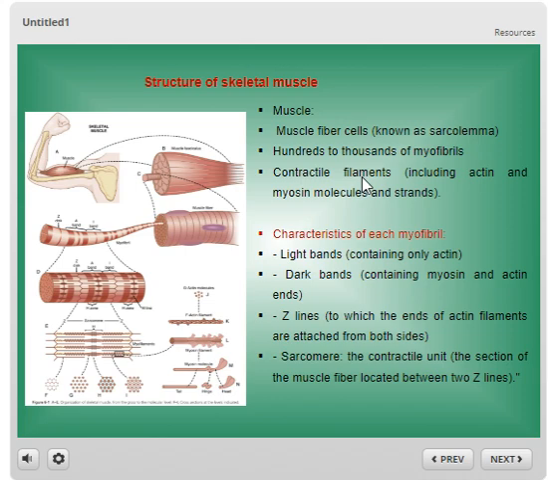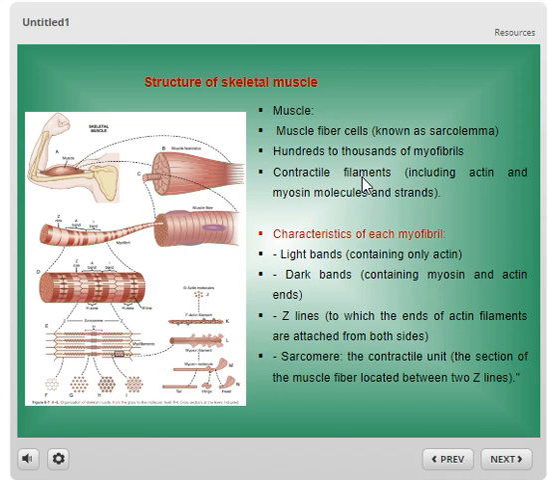The Z line or Z disc are the boundaries of each sarcomere to which the ends of actin filaments are attached from both sides. Z-line help maintain the structure integrity of the myofibril.